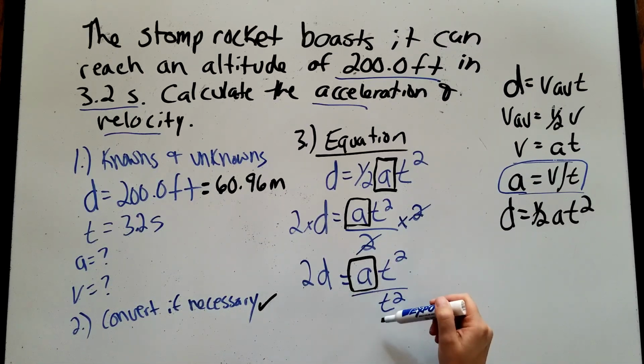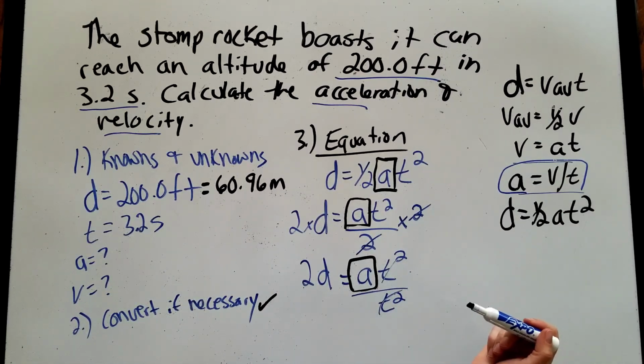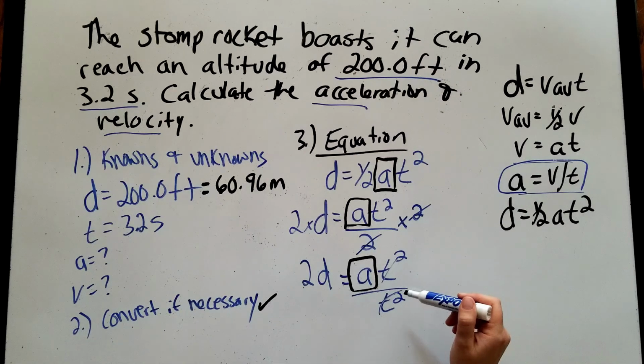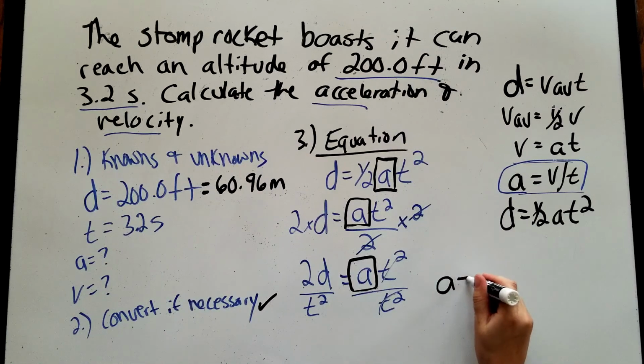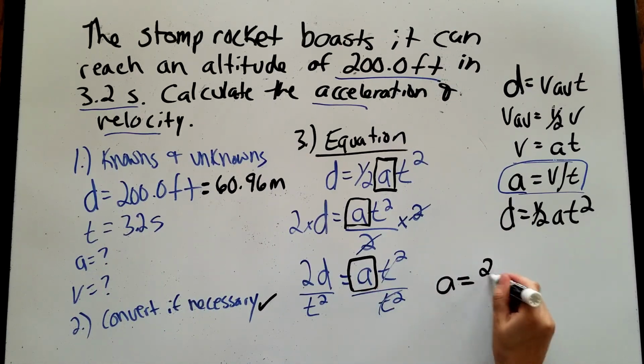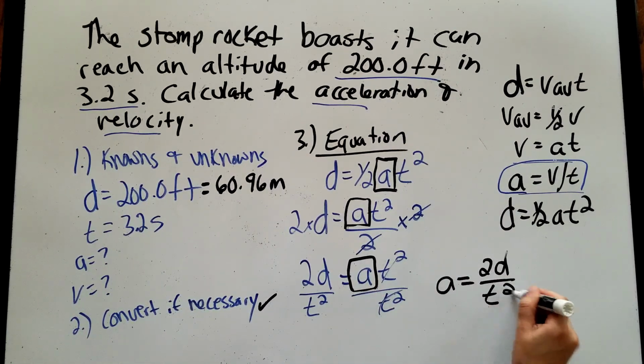Now t squared will cancel. So I got rid of it on that side. Since I divided by t squared on this side of the equation, I'm going to also divide by t squared on the other side of the equation. So now my equation becomes a all by itself is equal to 2d over t squared.